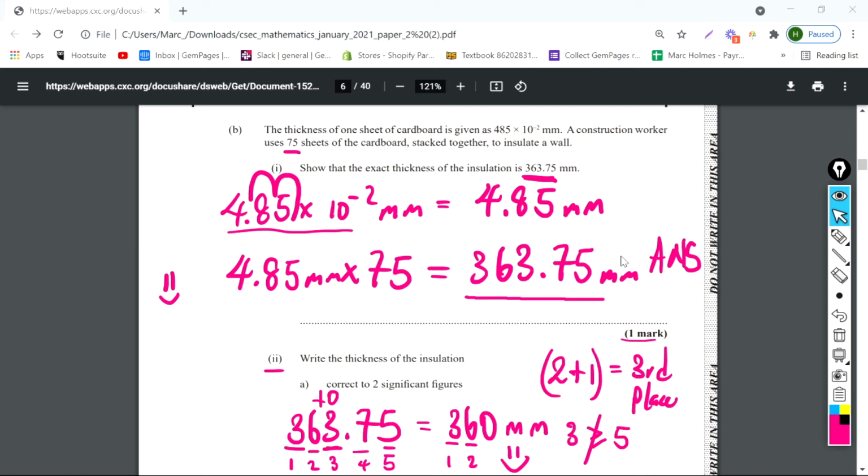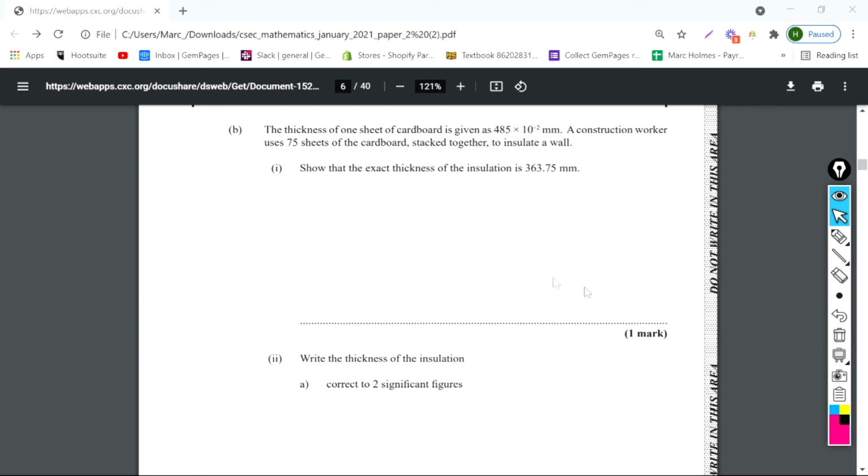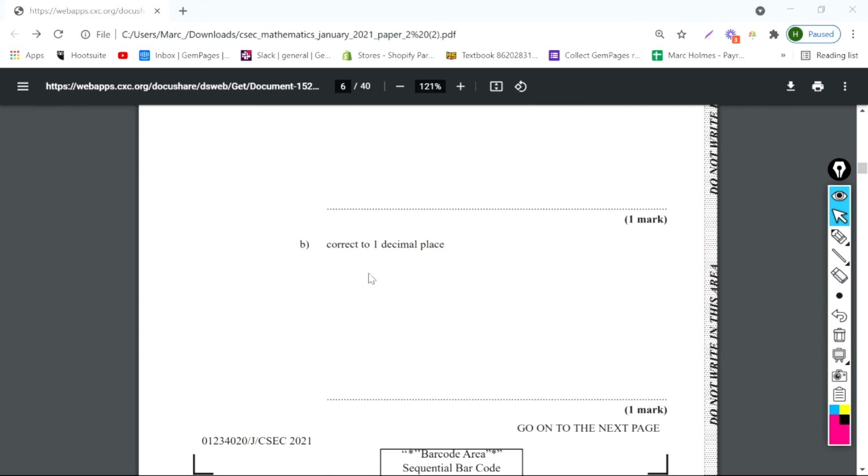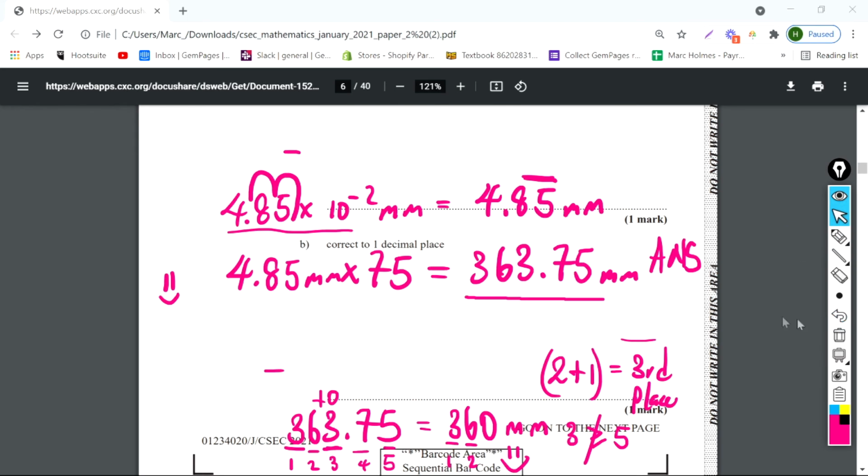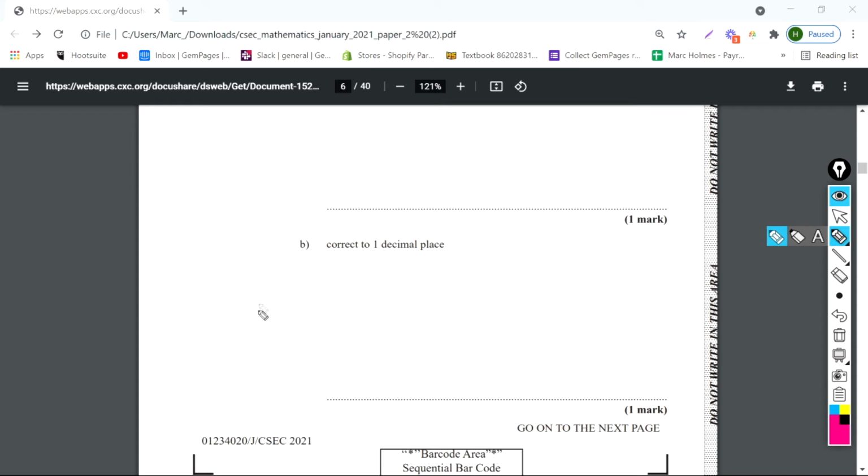All right. So this is really simple, guys, and we can move on now. Let's finish up this question. The last part of this says now correct to 1 decimal place, right, guys? So remember it's 363.75 that they're asking you to put to one decimal place, millimeters.